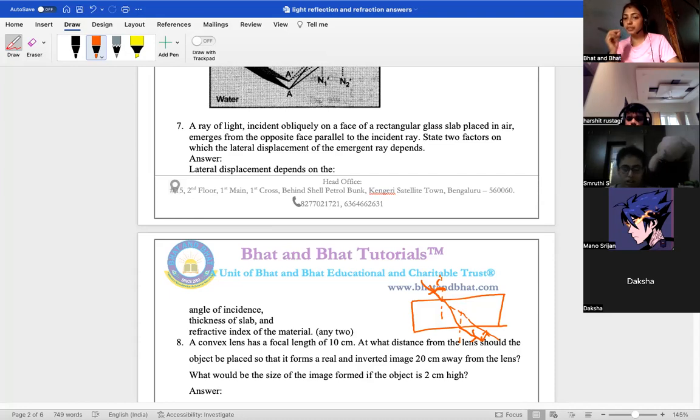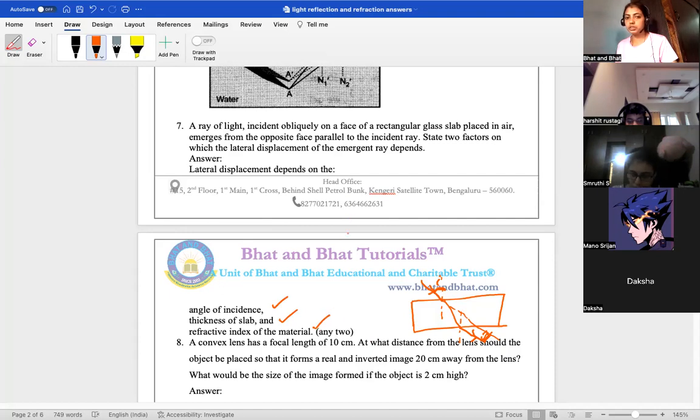So if the refractive index changes, then what happens? The refraction also changes. The lateral shift also will change. This distance will change. Okay, so these are the three factors: angle of incidence, thickness of the slab, and refractive index of the material.